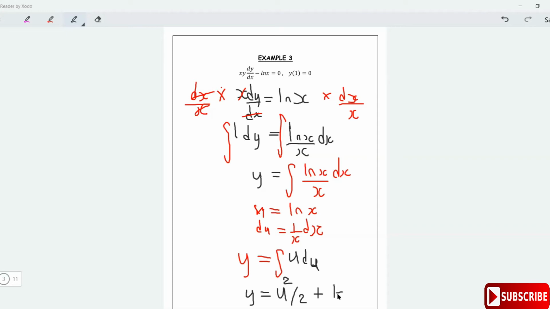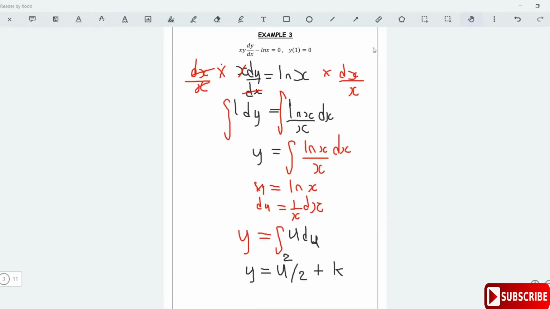But the question never gave us anything with u, so we have to go back and write our x. What was u? u was ln x. So y is equal to ln x all squared over 2 plus k.